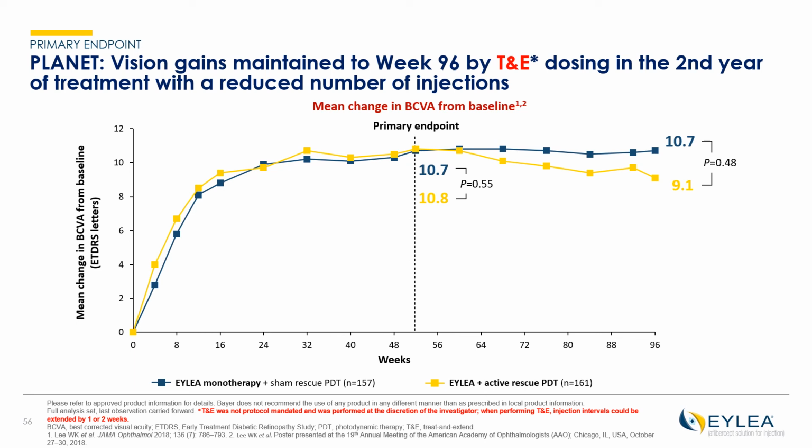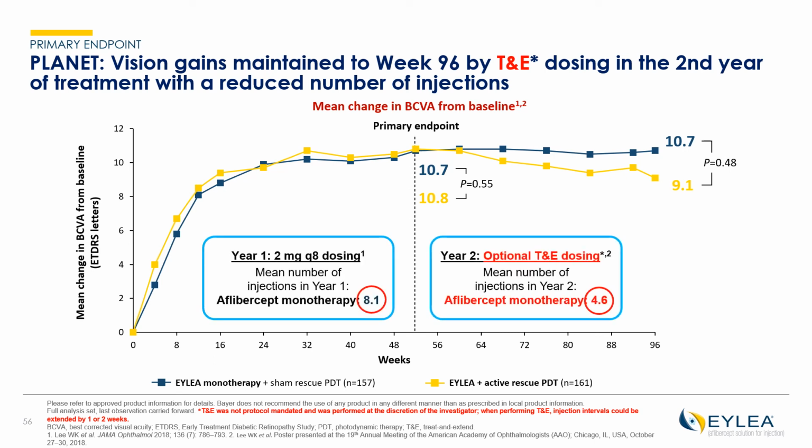And here are the results. The x-axis shows visual improvement from baseline, and you can see that after the first three aflibercept injections, the visual improvement rises and then is maintained at about 10 letters in the first year. And in the second year, when treat and extend was applied, the visual improvement was still maintained at about 10 letters.